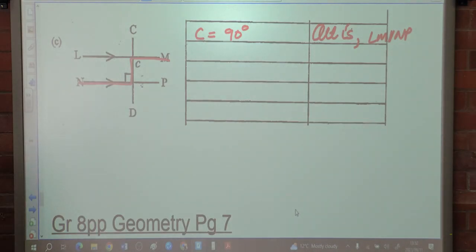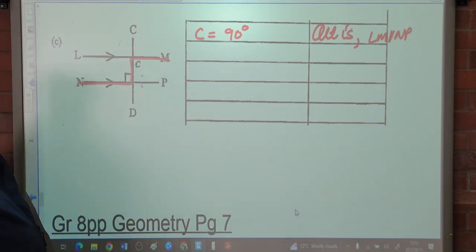For those of you who see a right angle, you're not going to get the mark there, because the reason why C is 90 is not because it's marked a right angle, it's because the alternate angles are equal. That's how we got C to be 90.